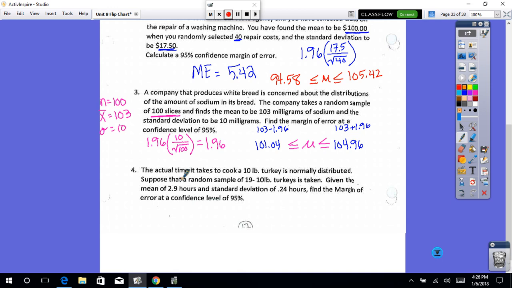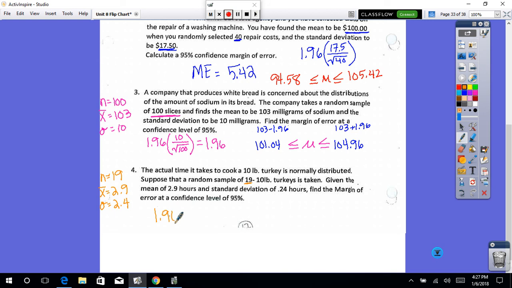Okay, this one. The actual cook time to cook a 10-pound turkey is normally distributed. Suppose the random sample of 19 10-pound turkeys is taken. So we took 19 samples. The average is 2.9. And the standard deviation is 2.4. Find the margin of error and we're going to do the confidence interval.